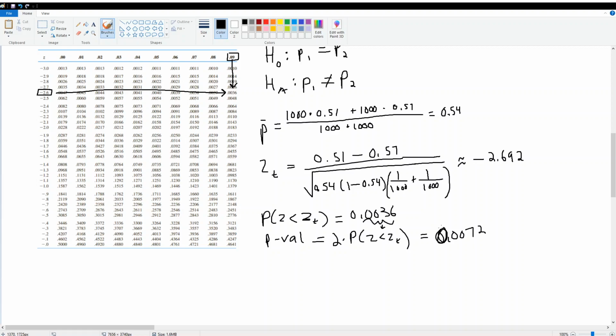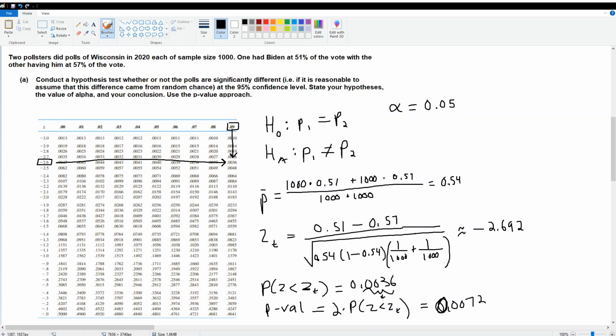Because our p-value is below our value of alpha, we will reject the null hypothesis that these two polls are the same, i.e., they're different.